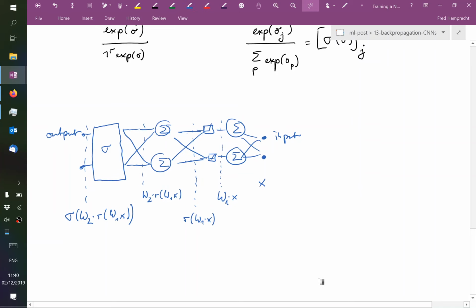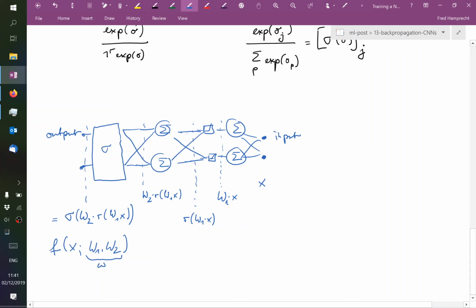Okay, so this is now the final output of my neural network, what I've previously called some function f. And f depends on its input x, and it depends on all the parameters. So here the parameters would be W1 and W2. Here I've written them as matrices, or previously I've just summarized them in some parameter vector, W.